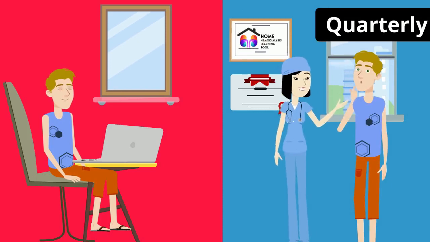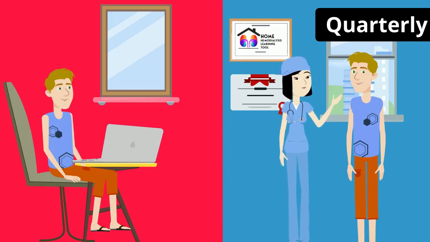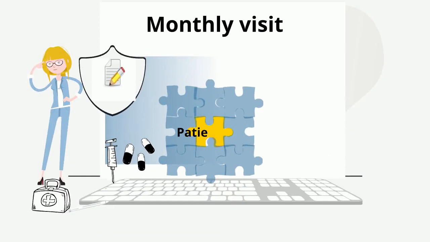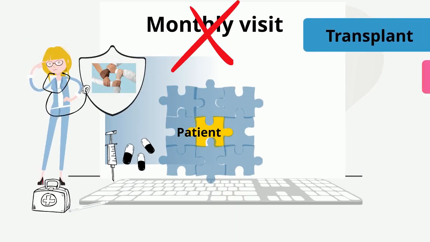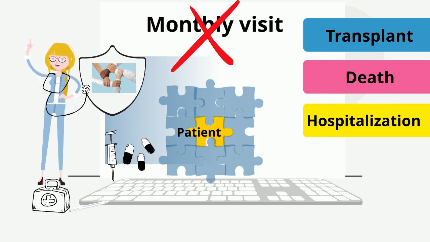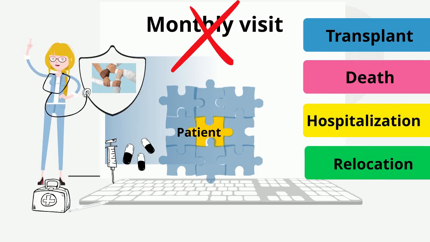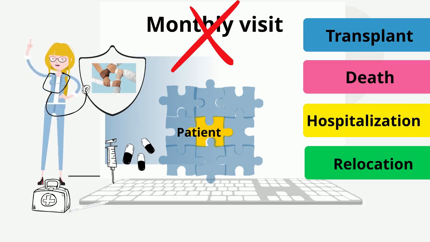There is no required number of visits, but providers should provide appropriate care for the management of the home hemodialysis patient. If the physician did not complete the monthly visit due to transplant, death, hospitalization, or patient relocation, then daily codes are billed for the span of days the patient was under the care of the physician.